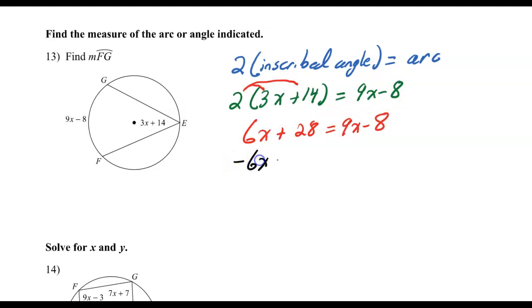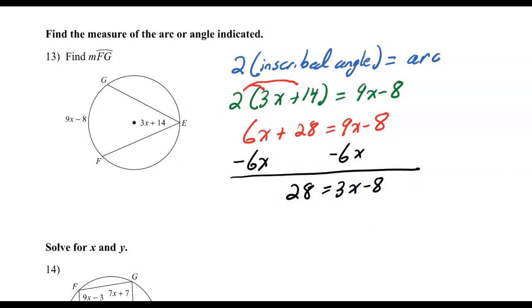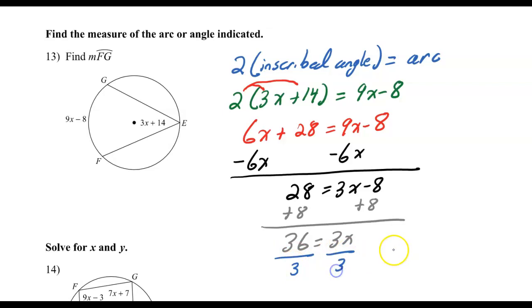I'll subtract 6x from both sides. So 28 is 3x minus 8. Add 8 to both sides. 36 is 3x. Divide by 3. And we'll get x is 12.